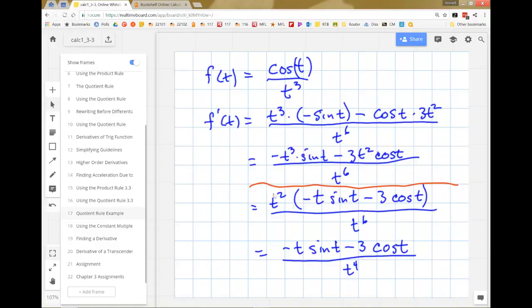So I gain a little bit. If you cancel t squared times t to the sixth, it's gone on the top, and you have a t to the fourth on the bottom. So here's a case where algebra technique allowed me to simplify a bit further.